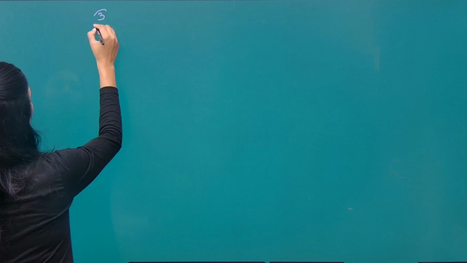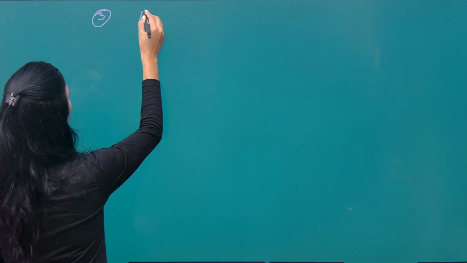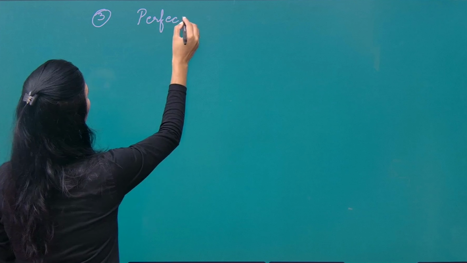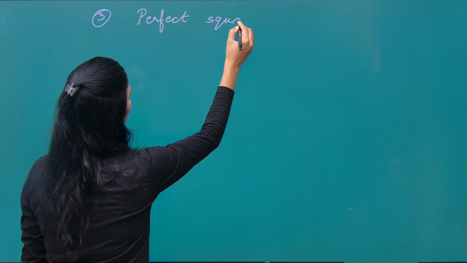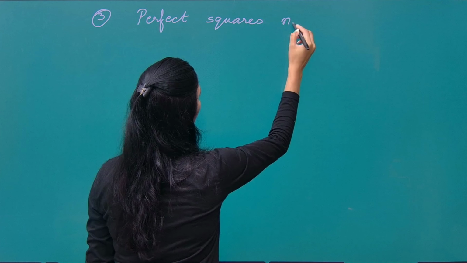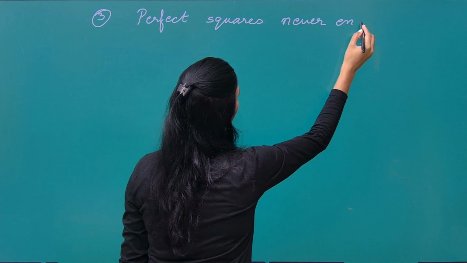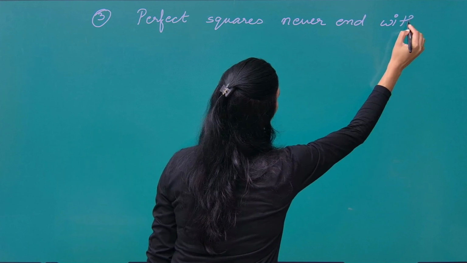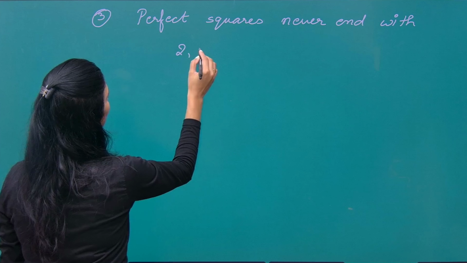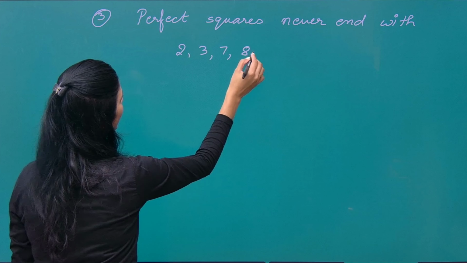Now let's look at the third property. Perfect squares never end with 2, 3, 7 and 8.